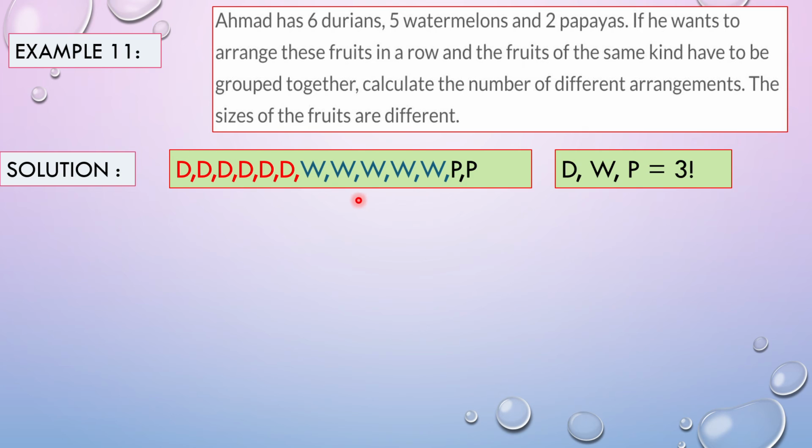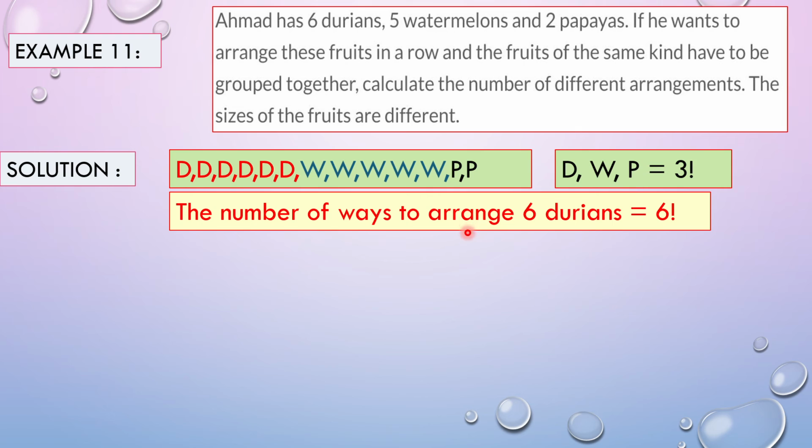It can be some other arrangement, maybe watermelon first followed by durian and then papaya. Since we have 3 fruits, you arrange all these 3. So number of arrangements can be obtained by finding the answer for 3 factorial. Okay, so that is only the arrangement.